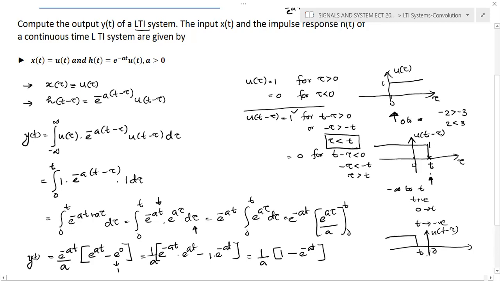This is t, and t is negative, so it will be on the left side of the reference axis. If you compare u of t minus tau with u of tau, you can see that there is no common area with non-zero magnitude, because one signal starts from 0, on the positive side, and the other signal exists only on the negative side. So if you multiply these two signals, you will get 0.